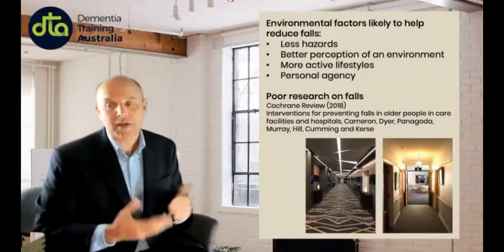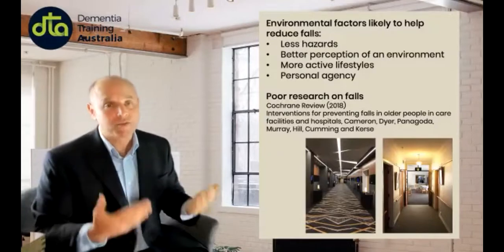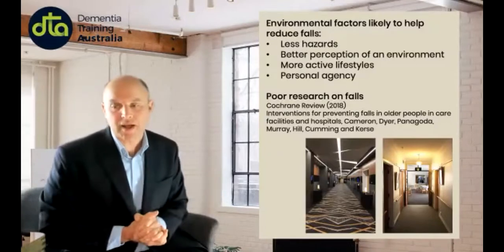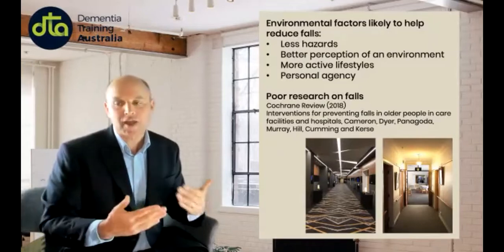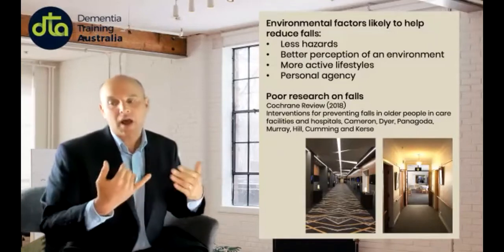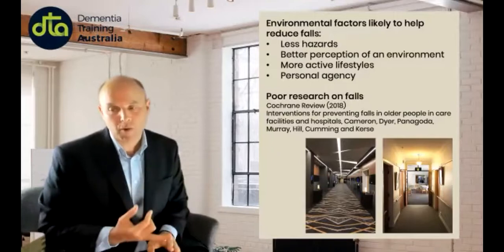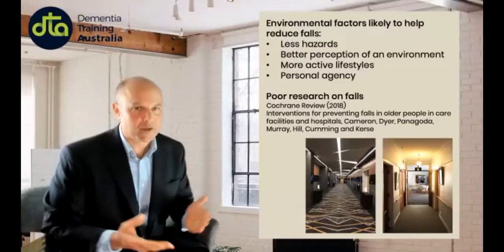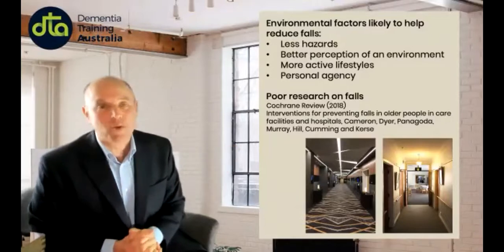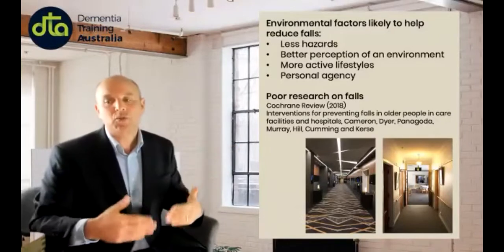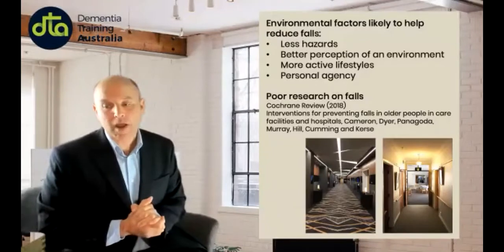So I'll mention in passing the removal of hazards. The reason I won't go into much detail is because those things are fairly clear. They're in lots of checklists, and it usually comes down to things like identifiable pathways, removing rugs. I had a meeting with a dermatologist, and he immediately talked about removing rugs as being the issue. These are things which in the general population people are aware of.